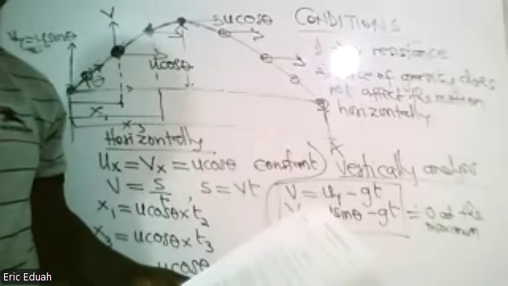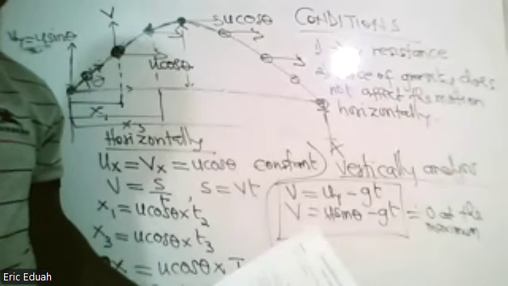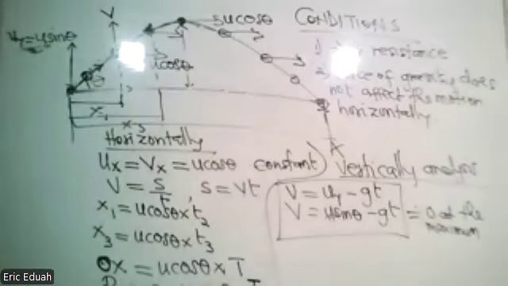See, a projectile is fired upward with a velocity of 80 meters per second at an angle theta. Let me quickly draw it.